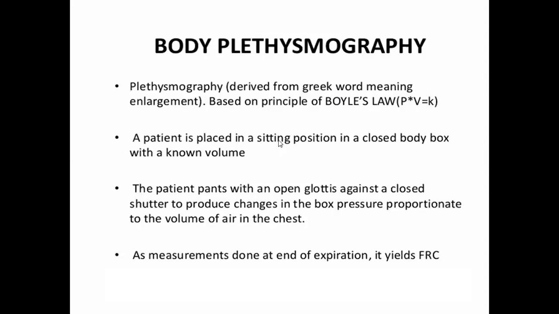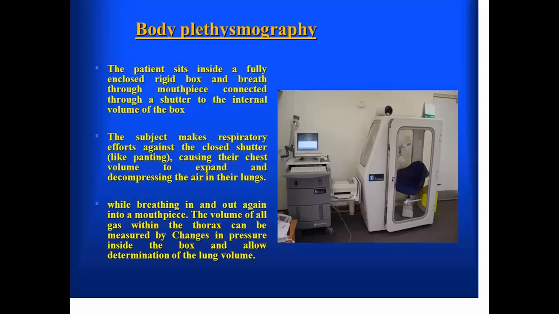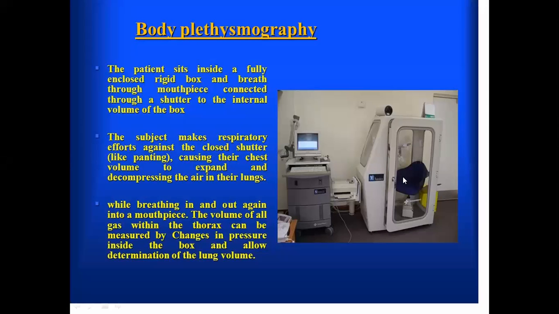A patient is placed in a sitting position in a closed body box with a known volume. In that closed box, we don't allow any other gases to flow in and out. See here, this is the testing box.